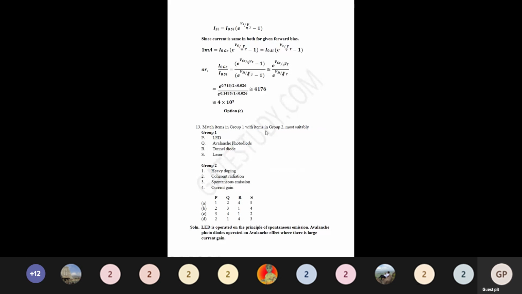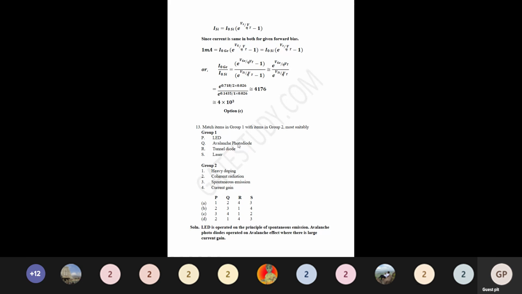Match the items in group 1 with group 2 most suitably. The group 1 is LED, avalanche photodiode, tunnel diode, laser, and in group 2 it is heavy doping, coherent radiation, spontaneous emission, current gain. LED, you know it very well, it is spontaneous emission. So for LED it is 3.